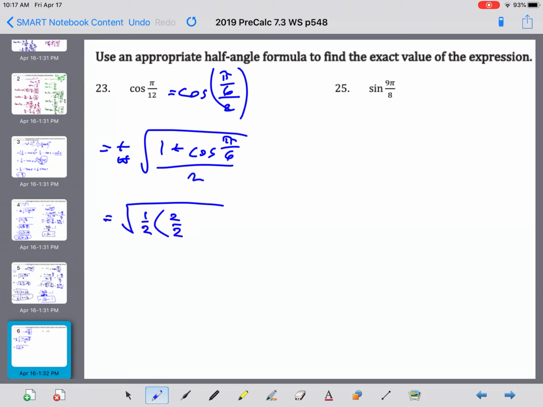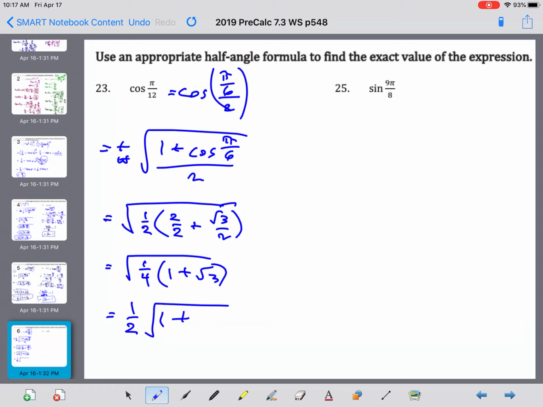I get 2 over 2 instead of 1, plus pi over 6 is 30 degrees, so that's root 3 over 2. But a plus this time. I'm going to divide out another half, so half of a half is 1/4. I'm going to get 1 plus root 3, and the square root of 1/4 is 1/2. So 1/2 times the square root of 2 plus root 3. Excuse me.